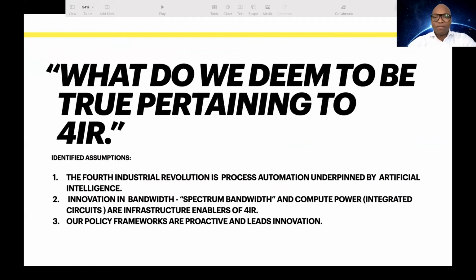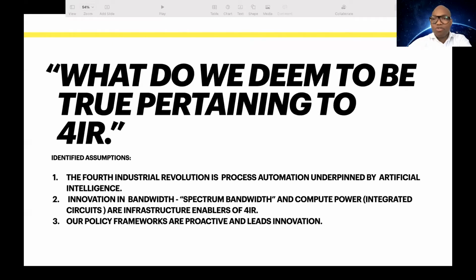So starting off, what do we deem to be true pertaining to 4IR? So the first main assumption, I think, as a point of departure is the definition of 4IR.